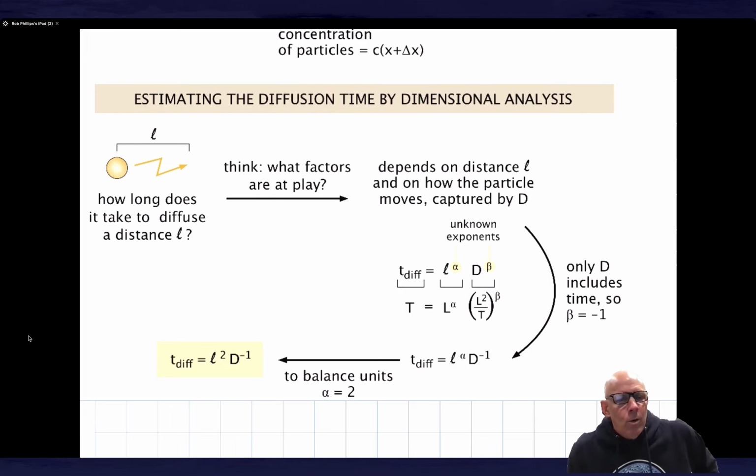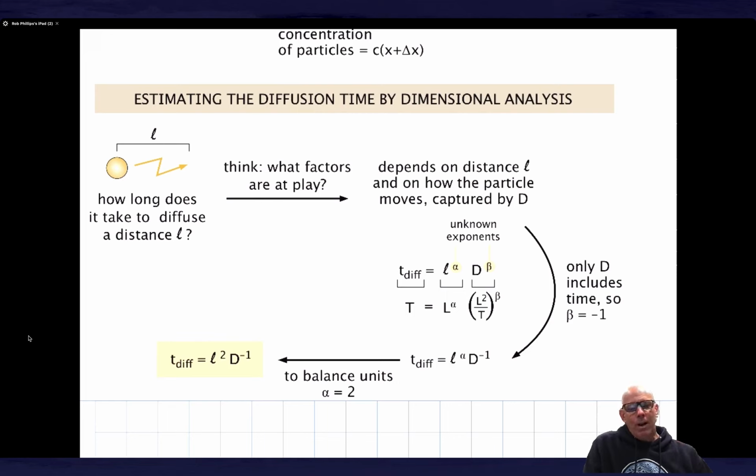The way that I proceed at this point is I say, well, look, I know that the left-hand side has units of time. Since on the right-hand side the only quantity that involves time is the diffusion coefficient itself, it tells me, aha, beta has got to be -1 so that I end up with that time in the numerator. So now I've determined that the diffusion time scales like 1 over the diffusion coefficient.